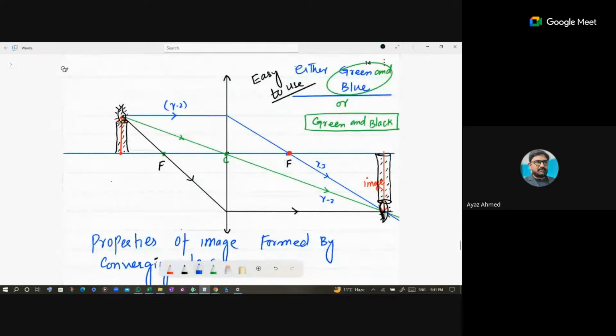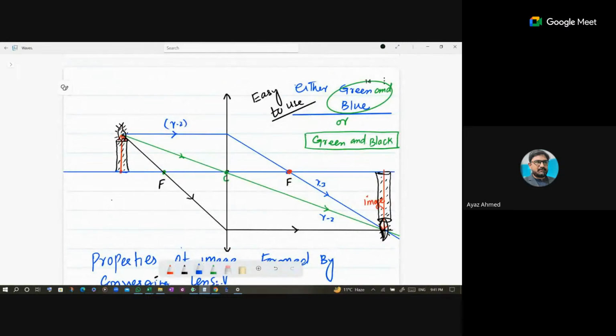Which real image do you have? One that is formed on the opposite side of the lens. This is your lens. On one side you place an object, and on the other side you will get an image.